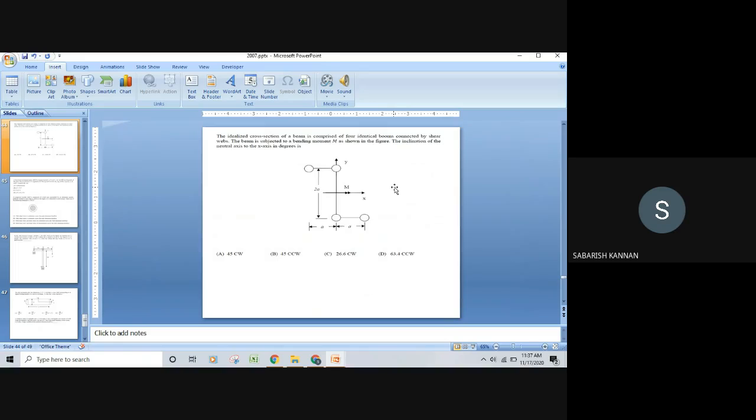First find the x bar and y bar values. Substitute over there, and you find Ixx, Iyy, and Ixy. So put them into the bending stress formula. Finally, find the answer.